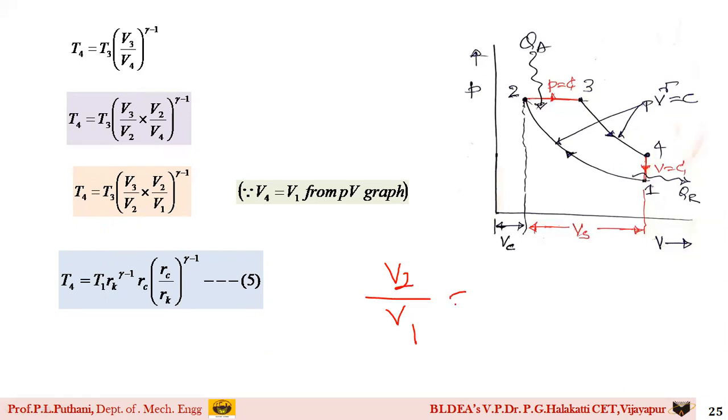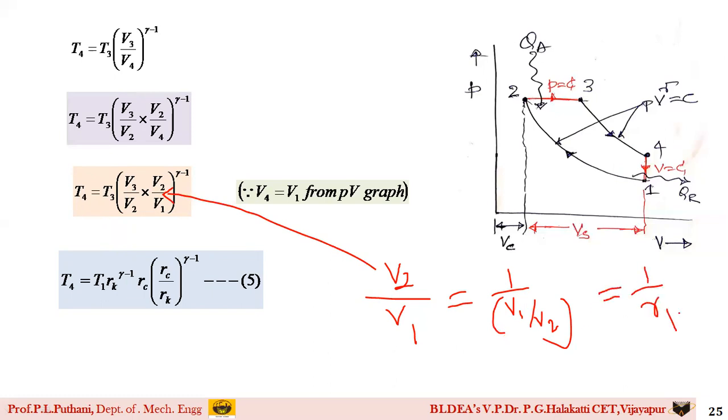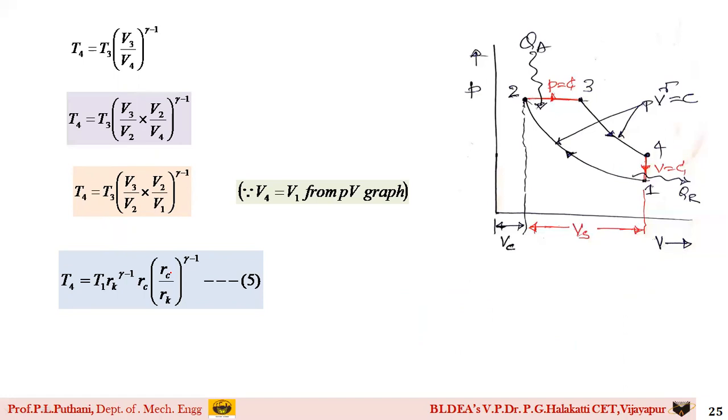V2 by V1, I can write in this form also, that is 1 by V1 upon V2, which I can write as 1 by RK. So on simplification, my equation number 5, how can I write? I can write it as RC by RK to the power of gamma minus 1.